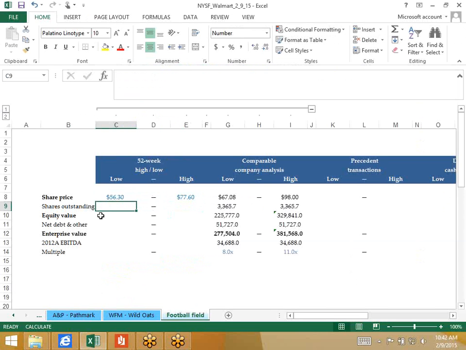So I'm going to use the share price and back into the implied equity value and enterprise value based on that share price. So when the share price was trading at $56, what was Walmart's enterprise value and what would Walmart's multiple have been? I'm going to take the same number of shares and multiply to get the equity value.